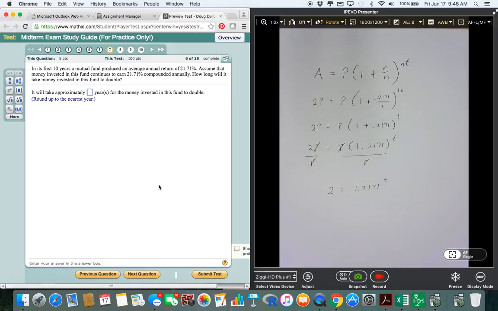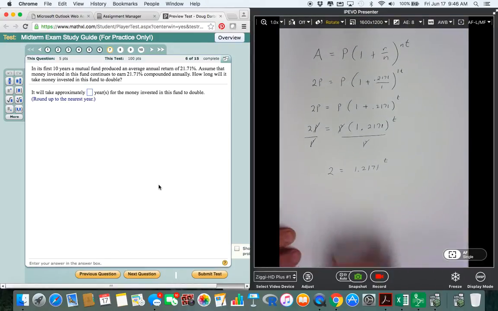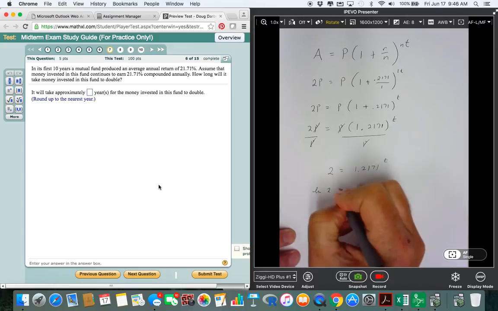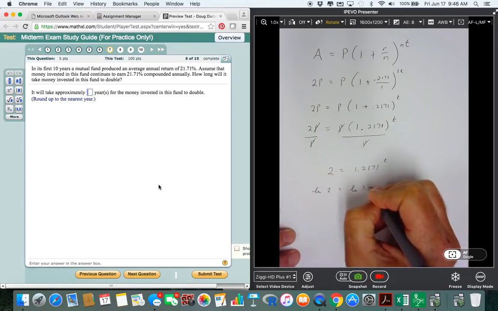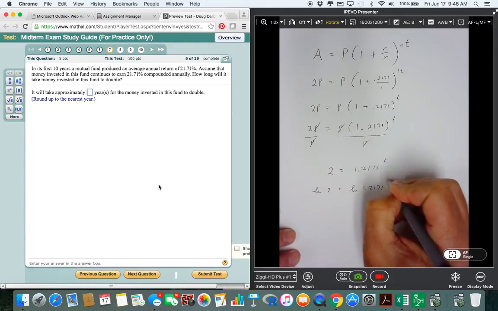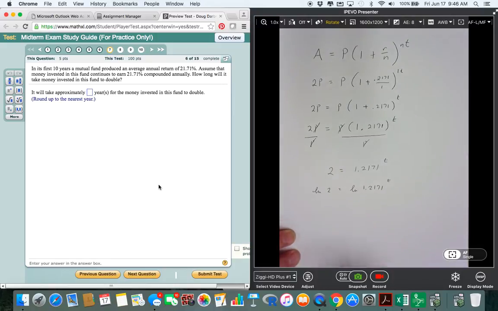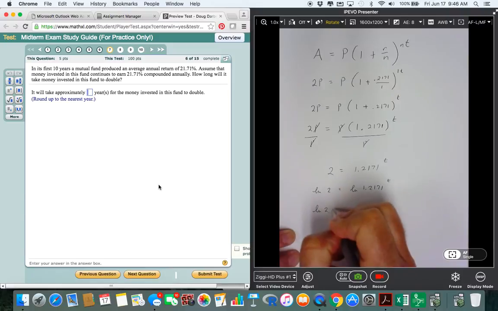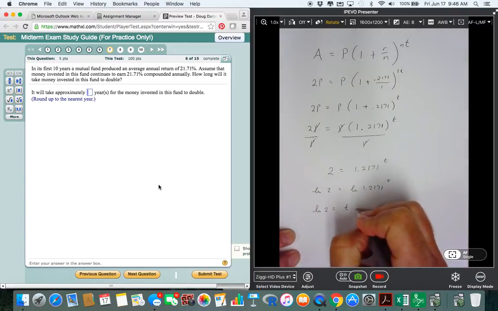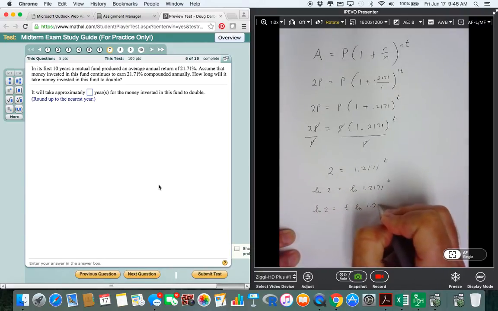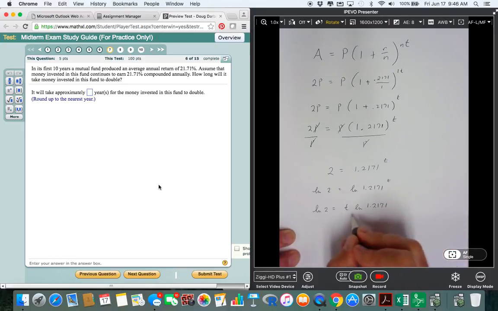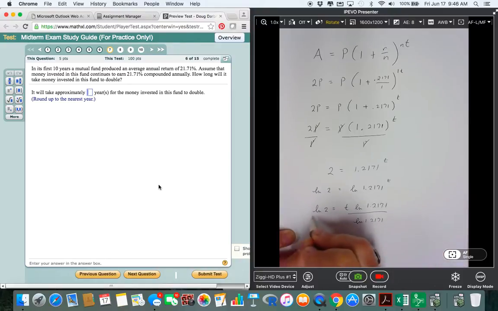Now, I need to solve that, because we can easily do that with logarithms. Remember the property? If we got an exponent, we can bring that out front. I want to isolate my t.